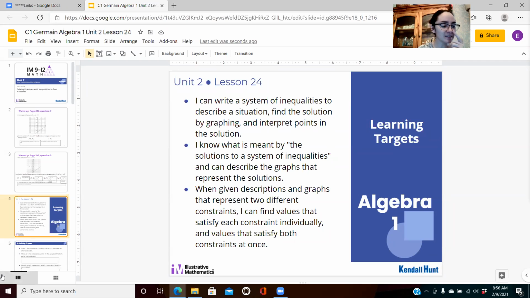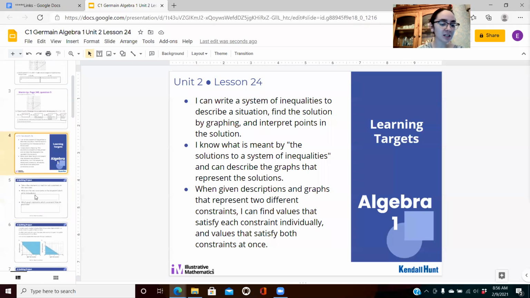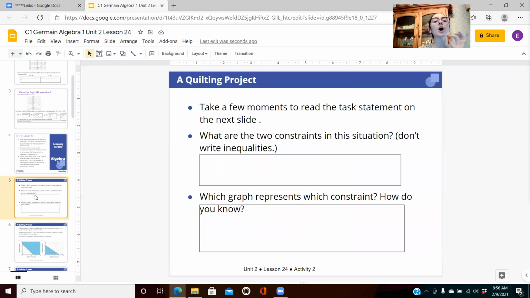So let's take a look at this first activity for today. It is called a quilting project. Okay, it says take a few moments to read the task statement on the next slide. Let me tell you what you're going to do with that. You're going to read the task statement on the next slide, and you're going to tell me just in sentences, what are the 2 constraints of this situation? You don't need to write inequalities.